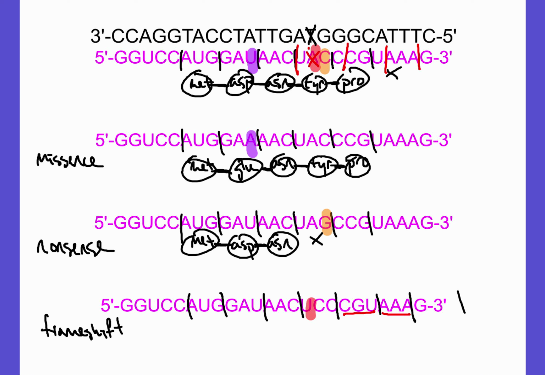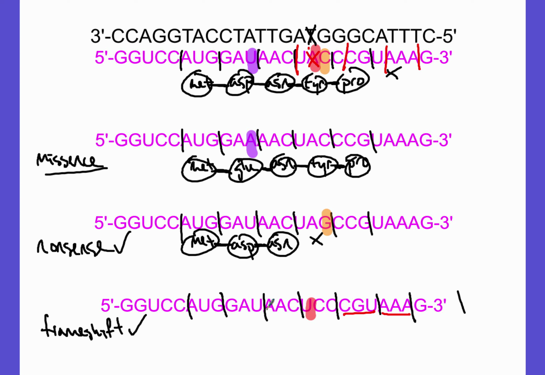Nonsense and frame shift are typically the worst types of mutations. Missense ones maybe don't make much of a difference. Missense, not usually a huge problem, but nonsense and frame shift mutations are usually pretty bad, right? If you stop too early and it's supposed to be a much longer protein, that's a problem.